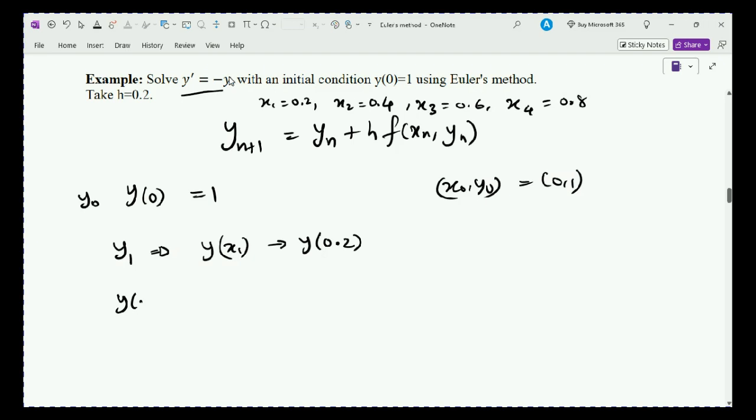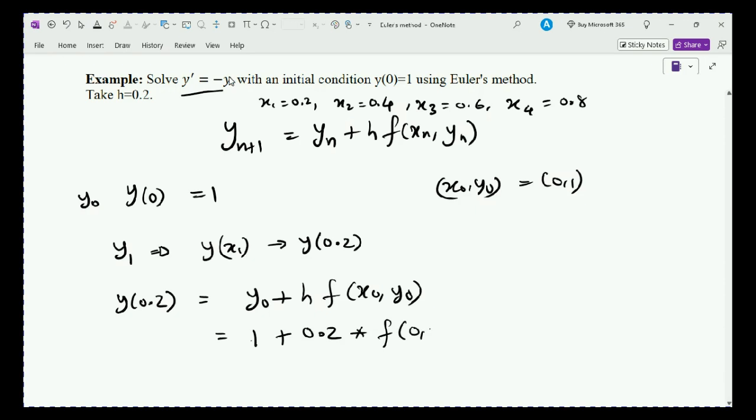So y of 0.2 is equal to y0 plus h f of x0 y0. Okay, so y0 is 1, plus h, which we took as 0.2, into f of x0 y0, which is 0, 1.